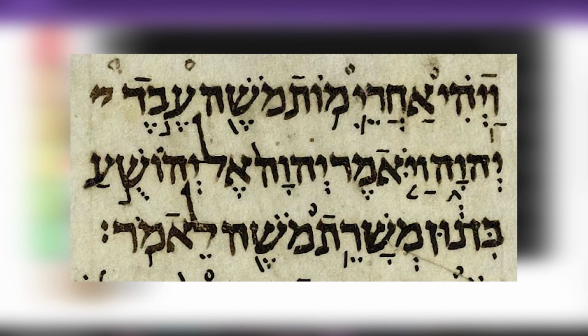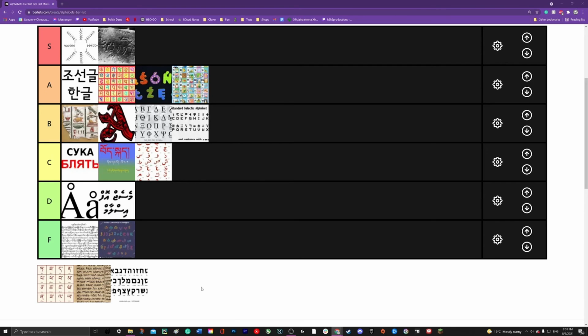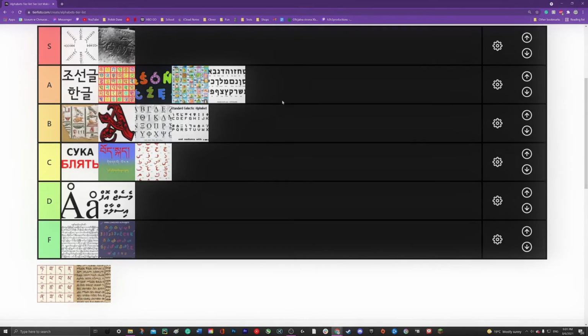I don't know if I mentioned, but it only has 22 letters, which are very distinguished, which makes it simple, which I like a lot. Very cool. I'm also a fan of the way they use the dots to change the pronunciation of words. Every time I see the Hebrew alphabet, it fascinates me a bit. And that is the reason the Hebrew alphabet is getting an A tier.